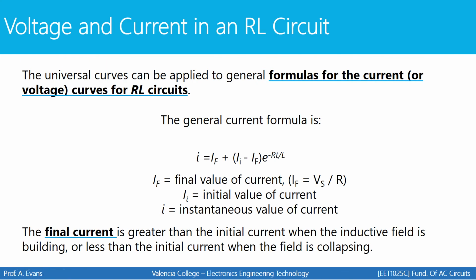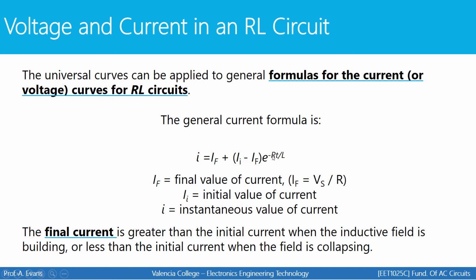So just like we had the universal voltage formula for the charging and discharging curves, we also have a current formula where we can look at how the current will change when you have an RL circuit. And this formula is extremely similar to the voltage formula. The I on the left-hand side is an instantaneous value of current, the value at a very specific point in time. We have the final value of current, the initial value of current, our constant e.